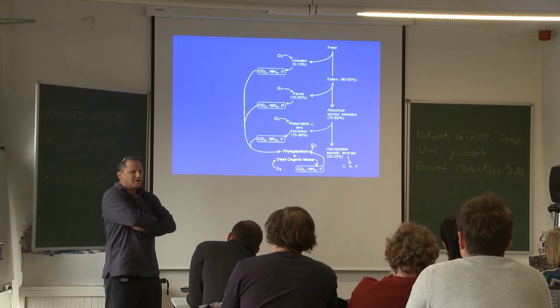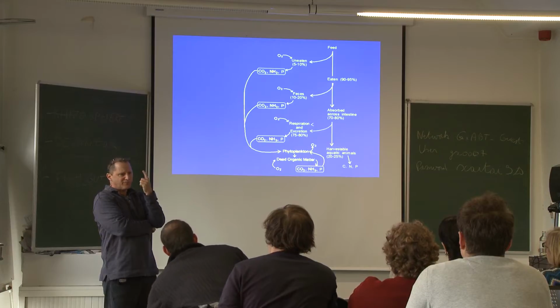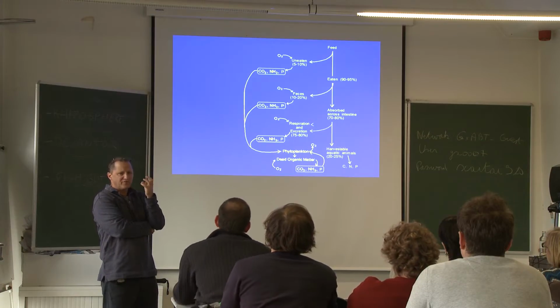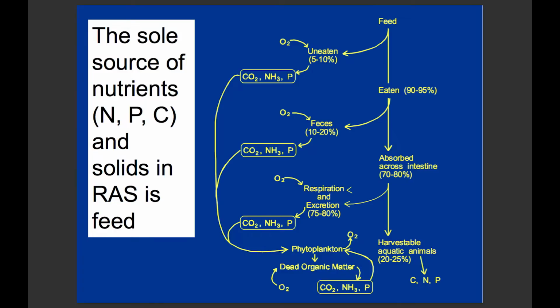So simply enough, there is one source of pollutants or nutrients or whatever, one source of input into this system, and it's food, fish feed. That's the only input in aquaculture systems that are recirculating or closed systems, right?